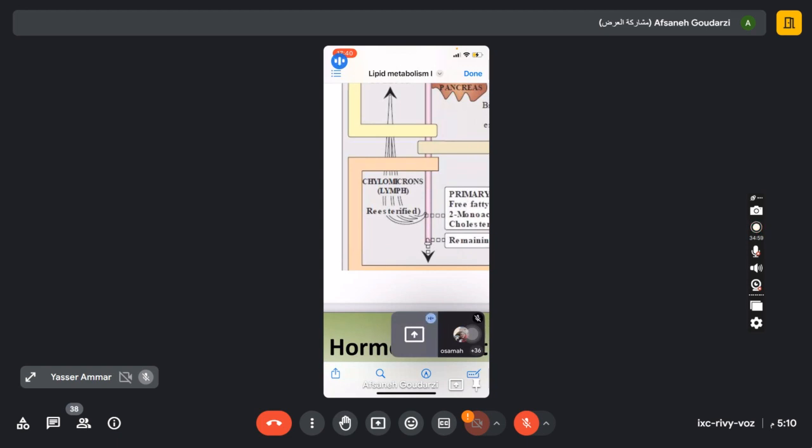The chylomicron moves in the circulation and delivers the fatty acid to the tissue which needs fatty acid. Now imagine that the fatty acid in the chylomicron is delivered to, for example, adipose tissue, the fat tissue, and the fat tissue wants to use this fatty acid which came from the diet.